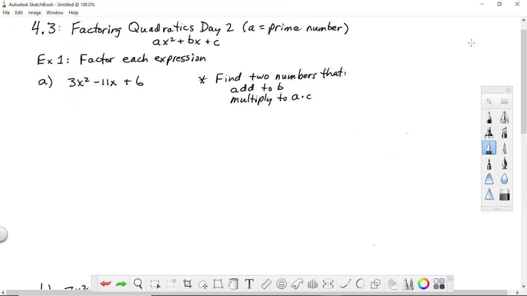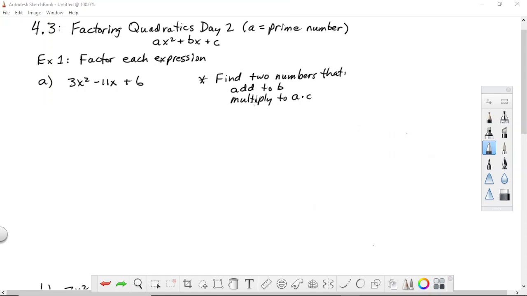So let's look at the first one. And this method does take more work. It's more involved than the one we looked at the other day when a is 1. Okay, so we start out by finding two numbers that add to b and multiply to a times c.